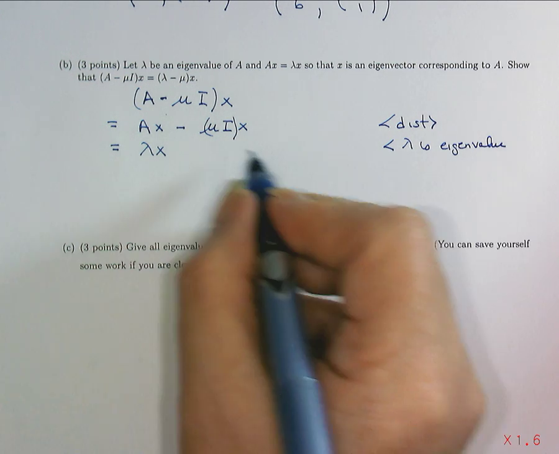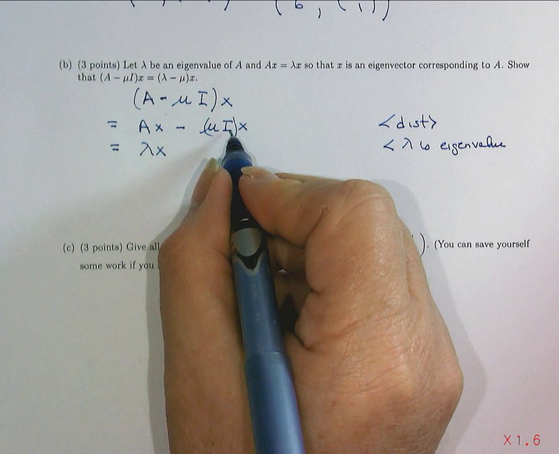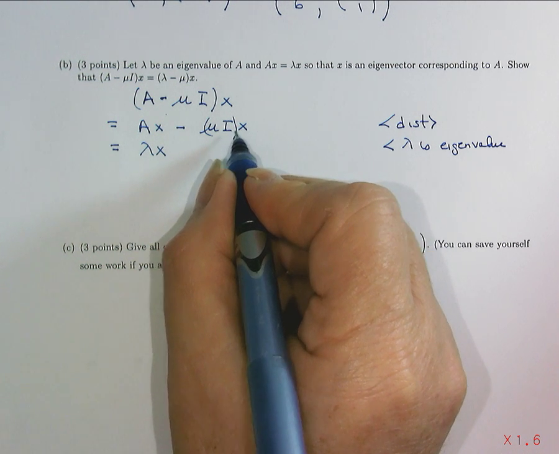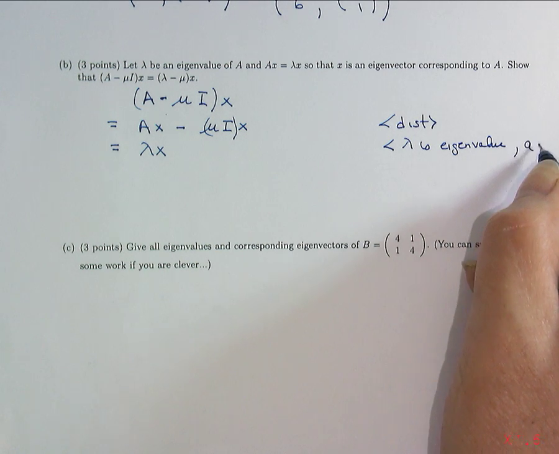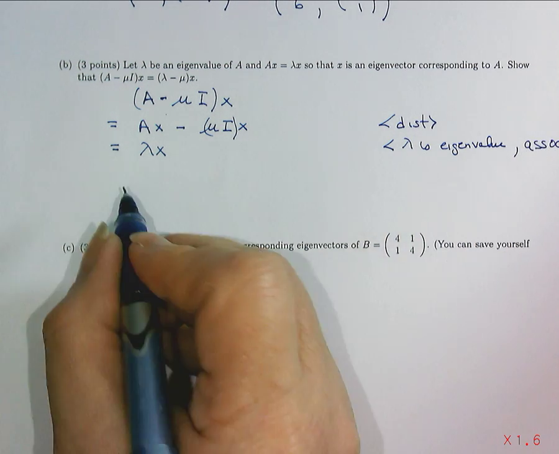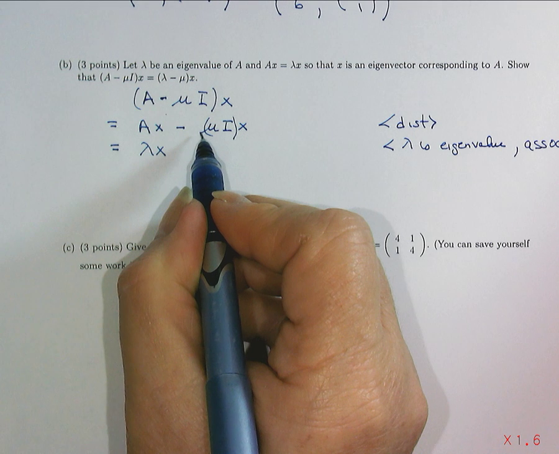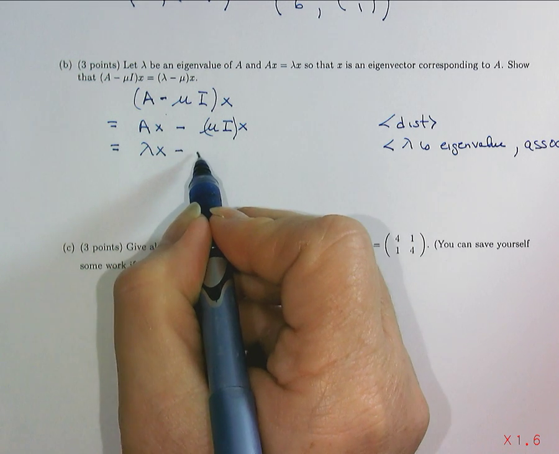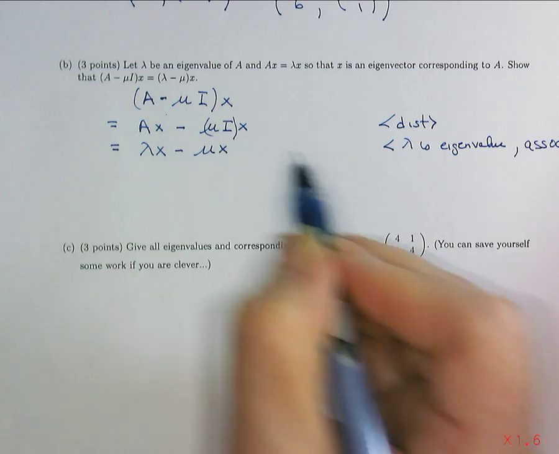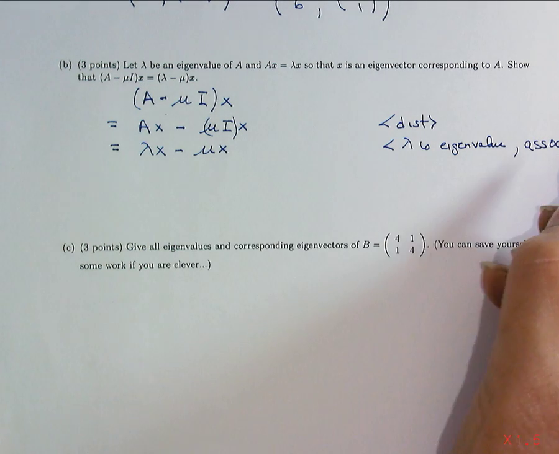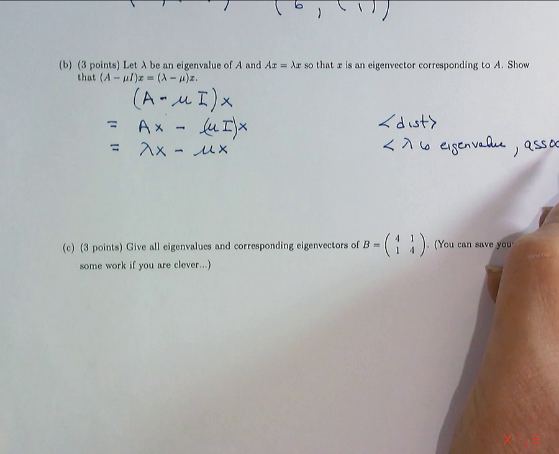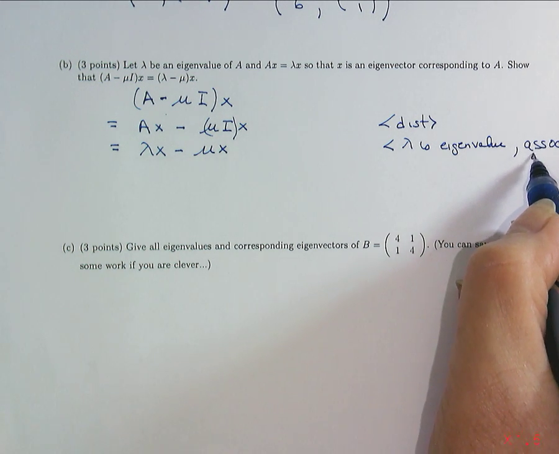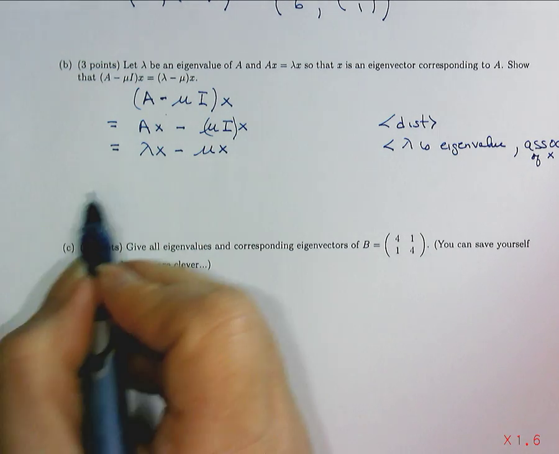And also mu times the identity times x, because of the associativity of matrix multiplication, is just the scalar mu times the identity times x, but that's just the scalar mu times x, the vector x. And so this is by associativity of multiplication product.